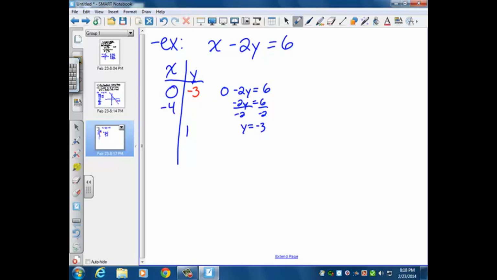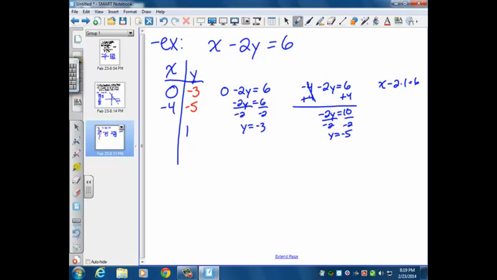I do the same thing with negative 4. Negative 4 minus 2y equals 6. Add 4 to both sides. Negative 2y equals 10. Divide by negative 2 on both sides, and we get y equals negative 5. Now the next one, they're giving us a y. So we bring down x minus 2 times 1 equals 6.